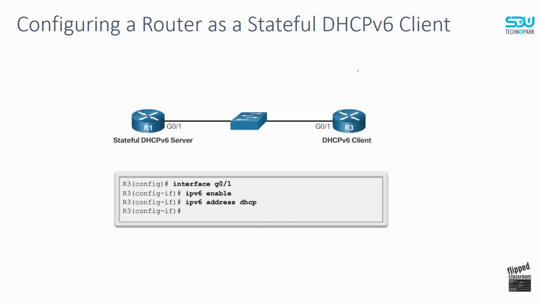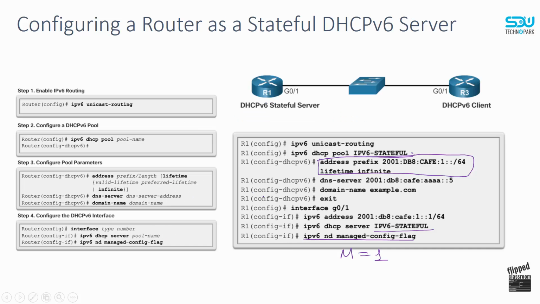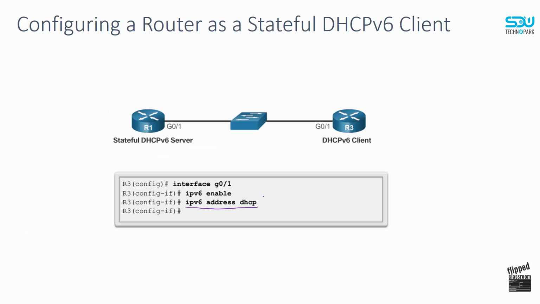And to configure our DHCP client to work as a DHCP stateful client, before we typed autoconfig, but now we have to type IP version 6 address dhcp.